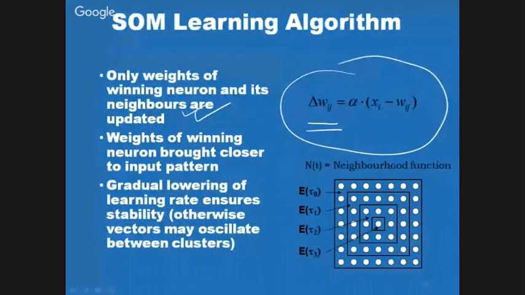That means if the winning neuron is for some cluster, C1, then only the neurons connected with that cluster will be updated. Weights of the winning neuron are brought closer to the input pattern, right?